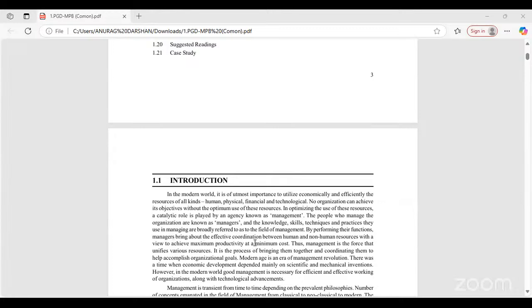When we are talking about the modern world, utmost importance has been given to utilizing human resources economically and efficiently. Economically, in the sense that the cost to the company should not increase, the cost of resources should not increase, because the overall expenditure will increase and make the product dearer to the customer.